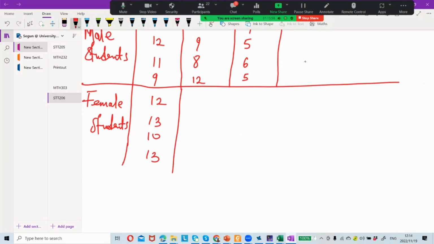For the low noise, so let's look at the medium. We have 13, 15, 12, 12. Then we have 6, 6, 4, 4.